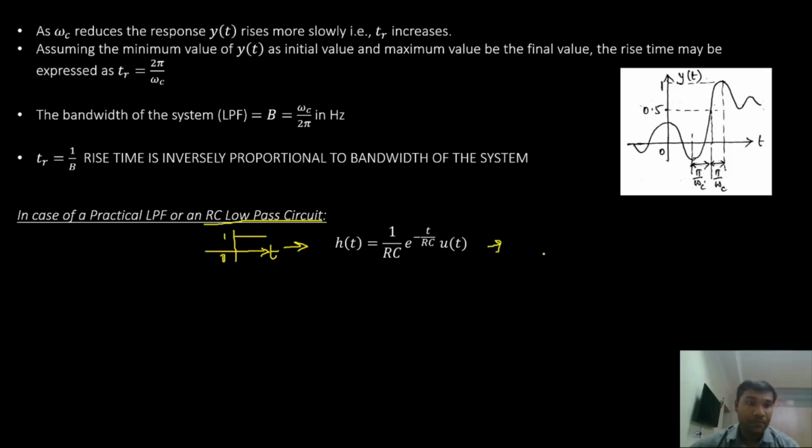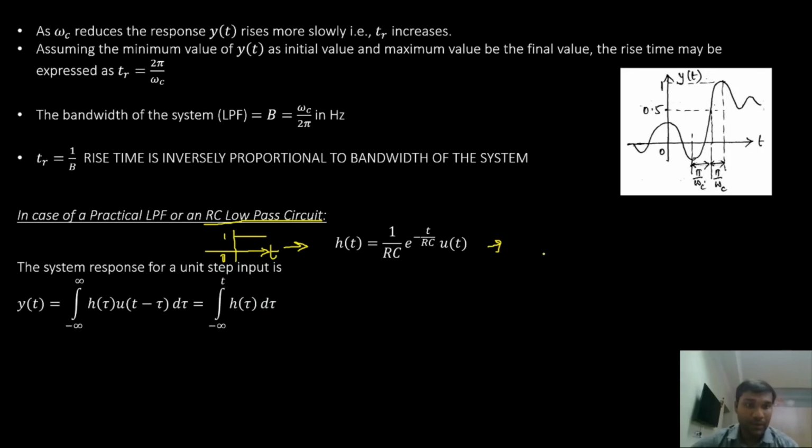It is going to be the convolution of h of t and u of t. Now when I apply a unit step function to a system, the response is the step response, denoted by s of t. We have studied this in properties of LTI systems.